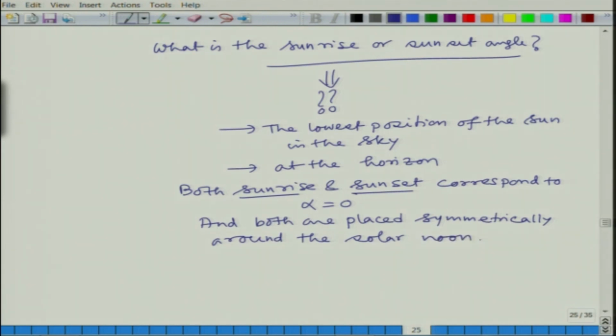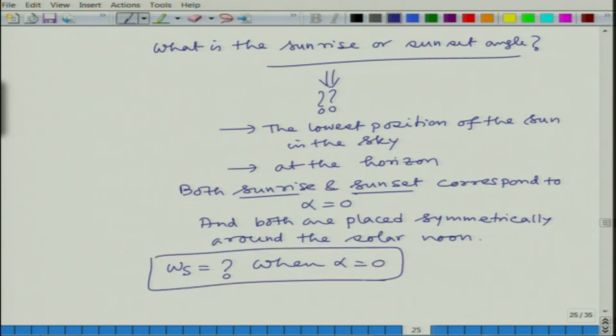So, if we want to find out this sunrise or sunset angle, what we need to find is how much omega is when alpha equals 0, right. That is the question we are asking. Now, how to find this?